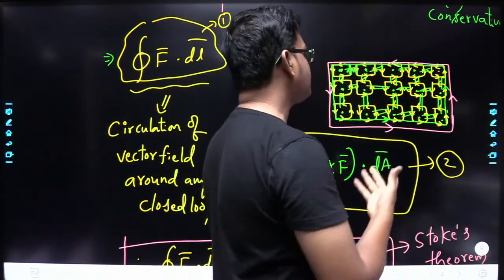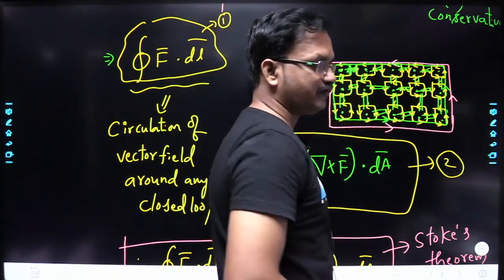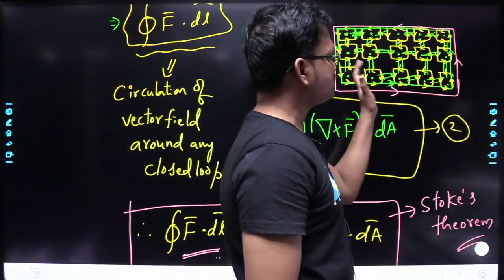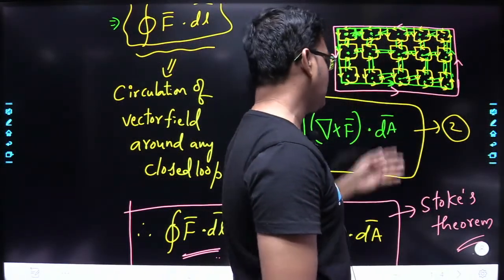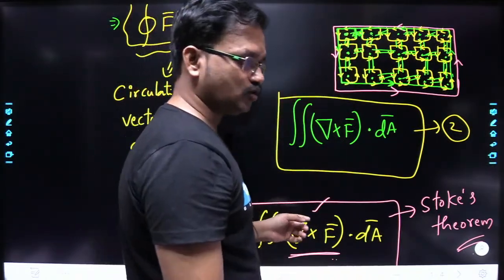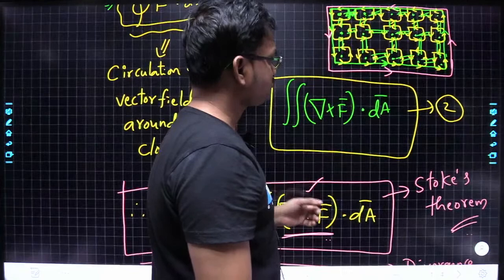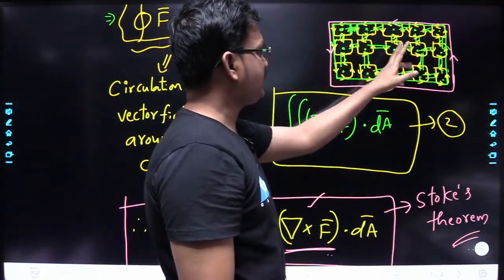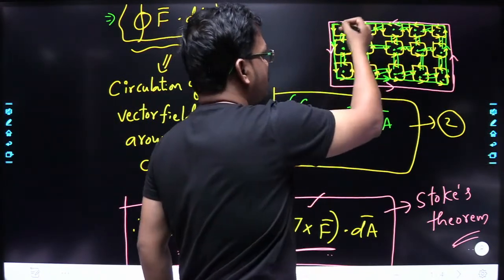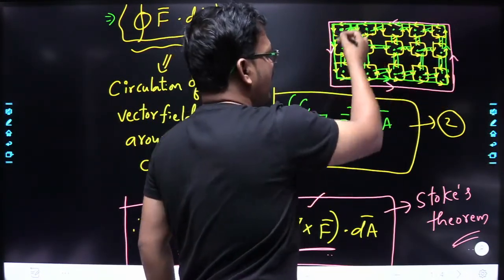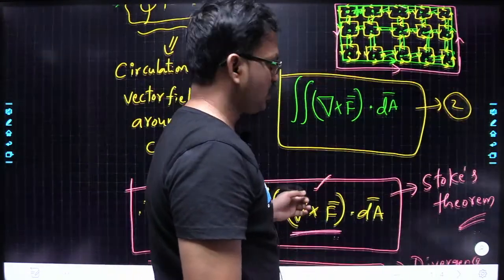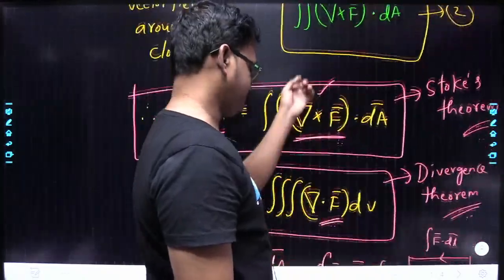I have tried to determine the circulation about each and every point. If you add up all these circulations about each and every point, that is the same as the circulation of the vector field around the closed loop. Internally everything will get cancelled, so what is left is only the circumference of the loop, which gets added up.